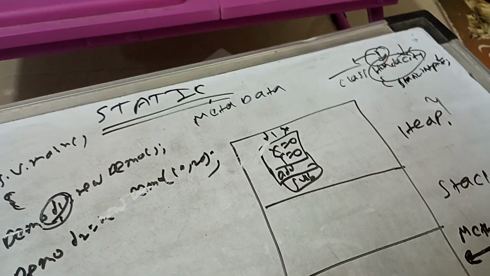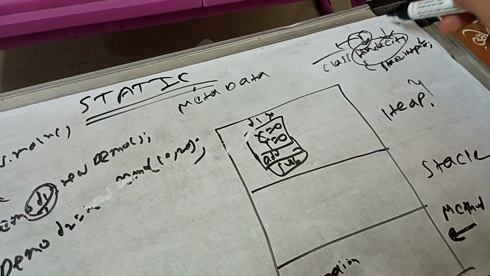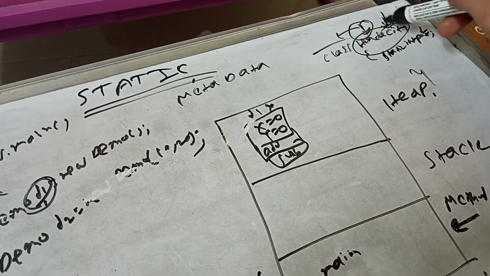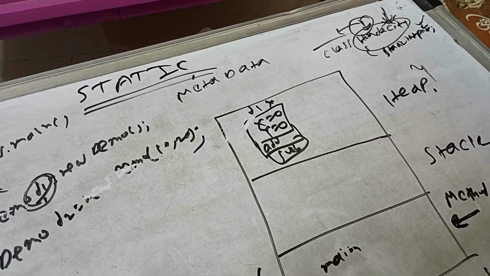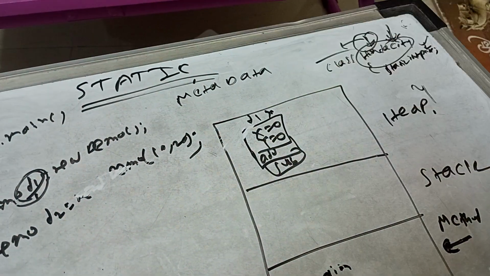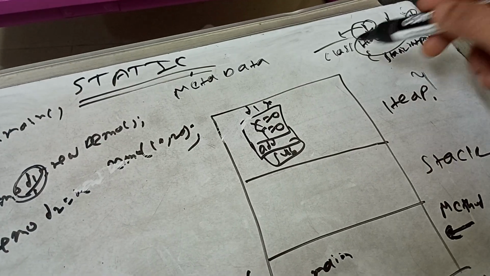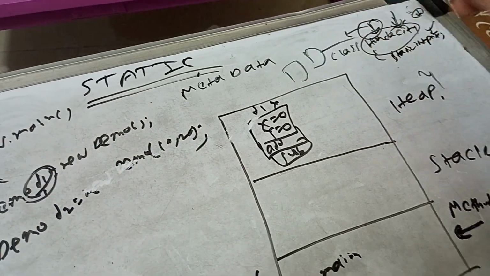The price does not belong to any object, because for the same company, for each and every model, the car price is constant, which we can say is static, and it is shared by all the objects of that class.